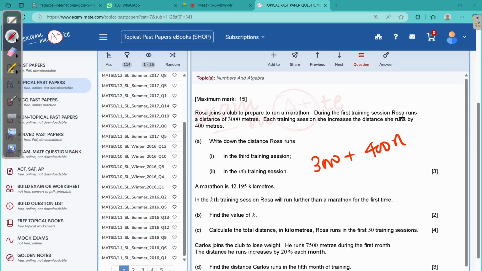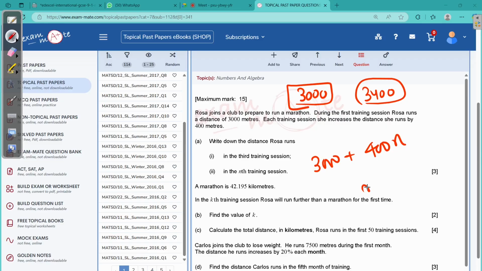During the first training session, Rosa runs a distance of 3,000. So for the first run, 3,000, and each training session increases the distance. So in the next one, she will run 3,400, right? So if I put n equals 0, this will work. Then you will get this one.